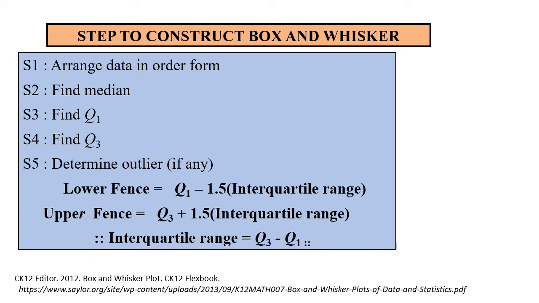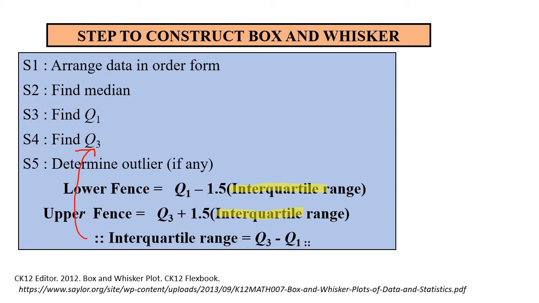In order to find the lower fence and upper fence, both of them need the interquartile range. So you have to find the interquartile range first, right, before we can substitute the value into the formula of lower fence and upper fence.